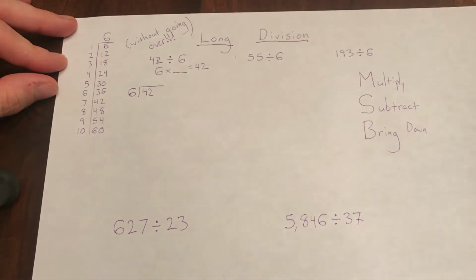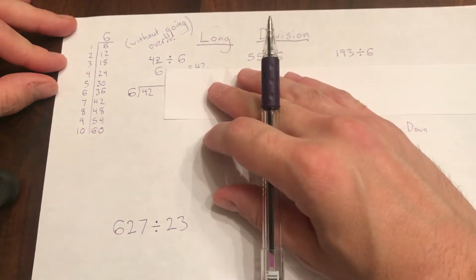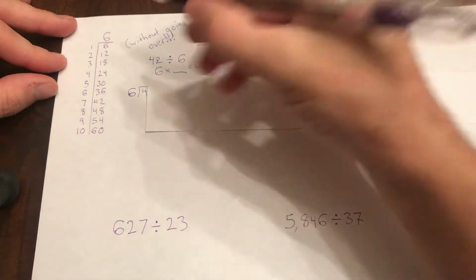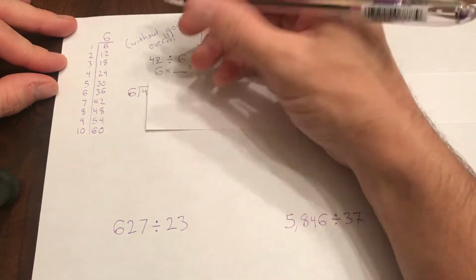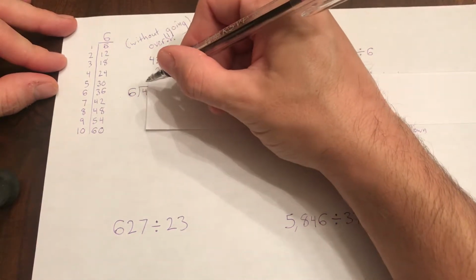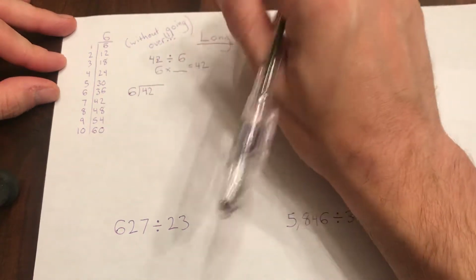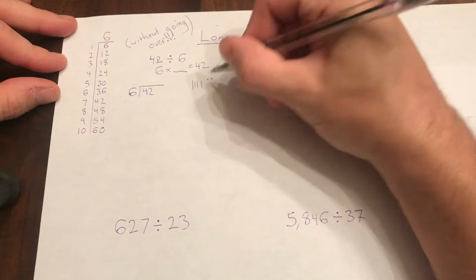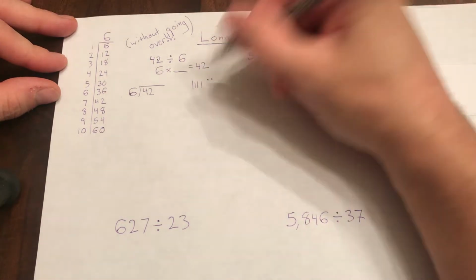So without further ado, if I'm going to start with my biggest digit, I'll say, all right, how many times can my 6 fit into 4? Rewind, we did this in class, where we said 42 is 1, 2, 3, 4 tens, and then 2 ones. Each of those is a 10, and these are 2 ones.